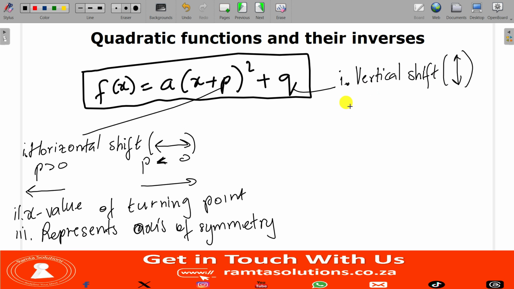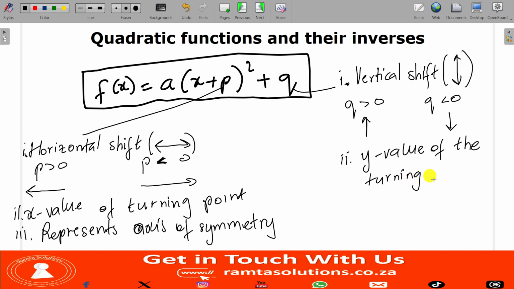So when this q is positive, your graph will be shifting up, and when this q is negative, your graph will be shifting down. Secondly, it represents the y value of the turning point.